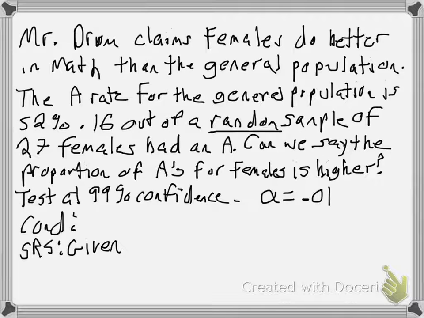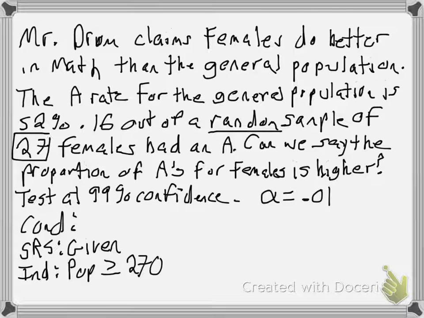Okay, let's talk about independence. Do we have a population of females greater than or equal to 270? Please do not put 160 here. Why not? Because what's our n? N is 27. Okay, so do we have a population of more than 270 females? Yes, so that should be good.